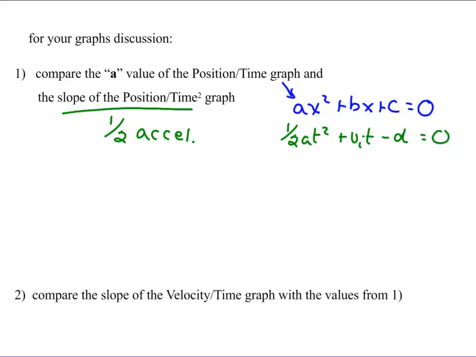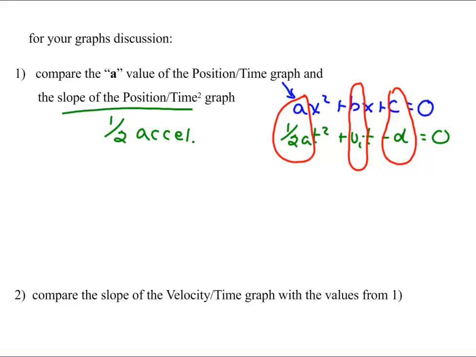So what we see, again, is the a term here is in the same position as our 1/2 a. Our b term is in the same position as the vi, and our c term is in the same position as minus displacement. So in number 1, where it asks us to compare the a term, or the a value of our position time graph, it should be very close to, if not the same value as, the slope of your position time squared graph.